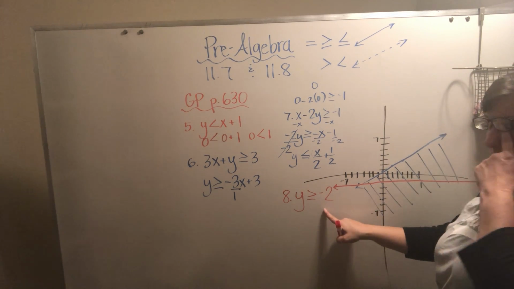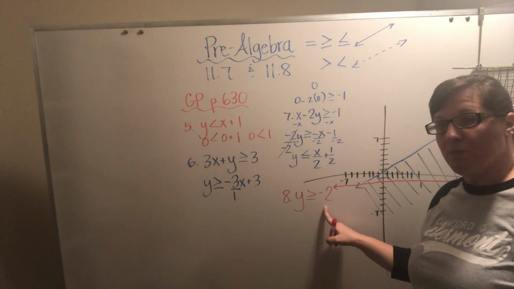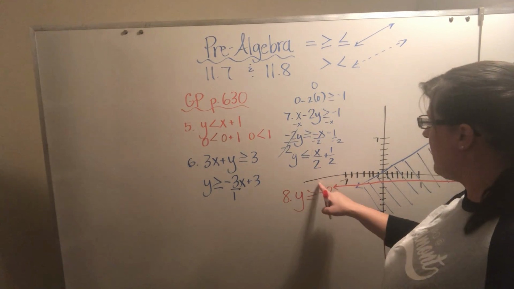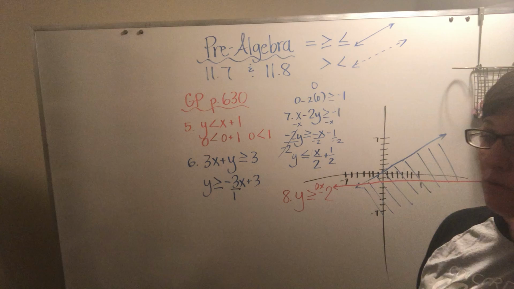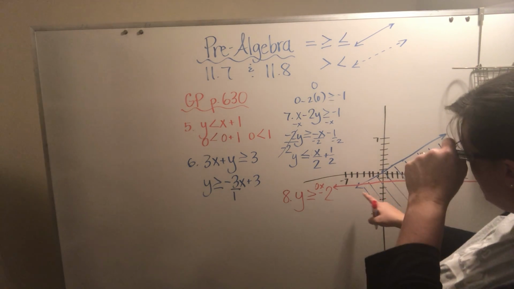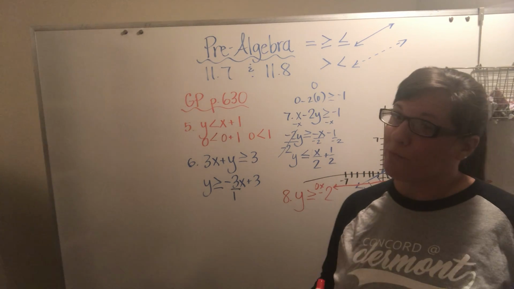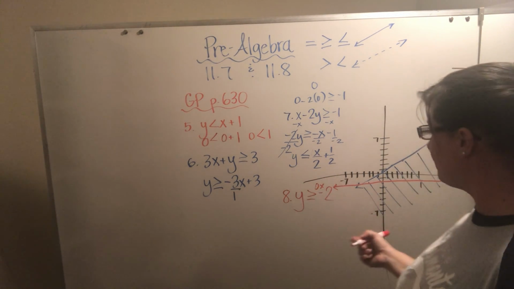Now, is there a slope here? There is no slope, right? So we would say there's 0 slope. Because we could write 0x if we wanted. 0x minus 2. And that would still be true. So remember, your horizontal lines have 0 slope. It's not undefined, it's 0.